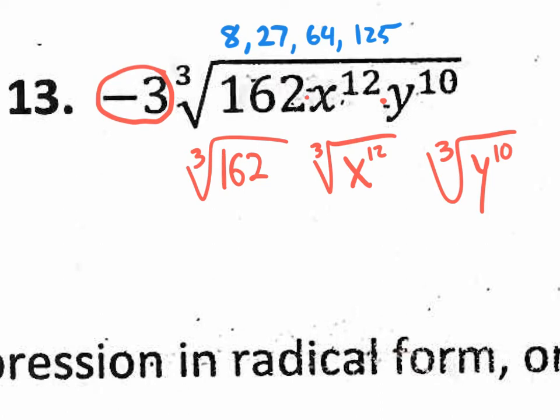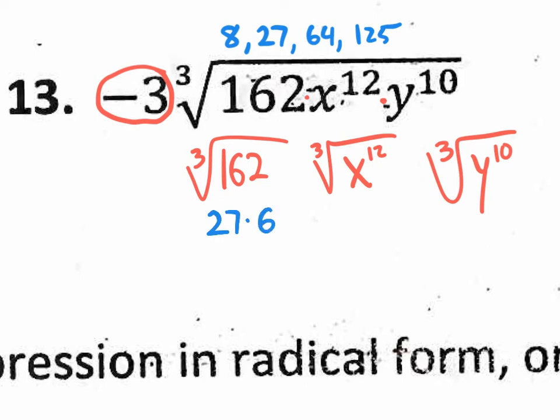So on a calculator, go ahead and do like 162 divided by 27. I already know 64 doesn't work, so it's either 27 or 8. So 162 divided by 27, what is that? 6. So I know I could rewrite it as 27 times 6, correct?